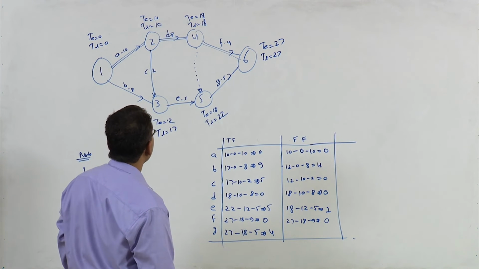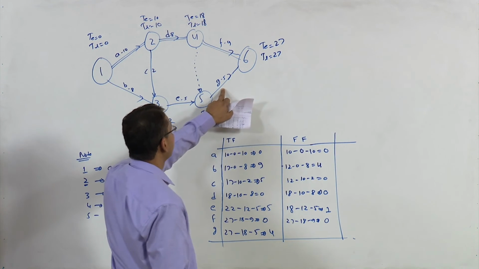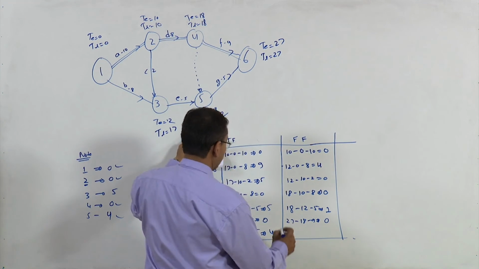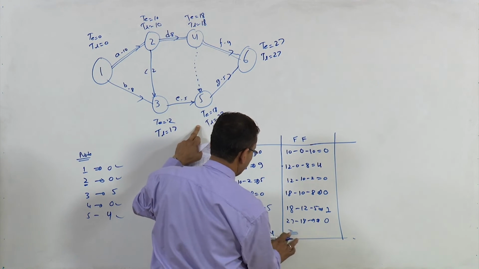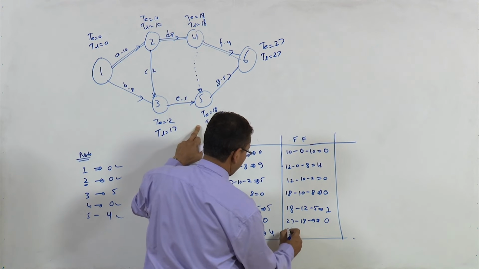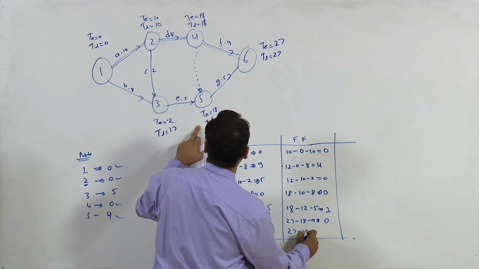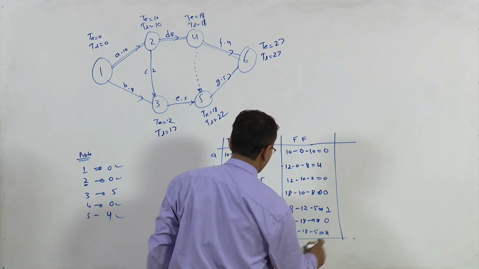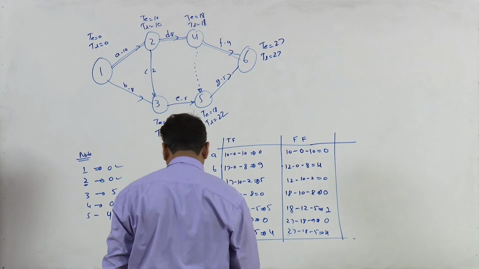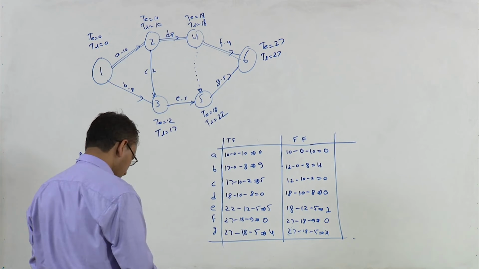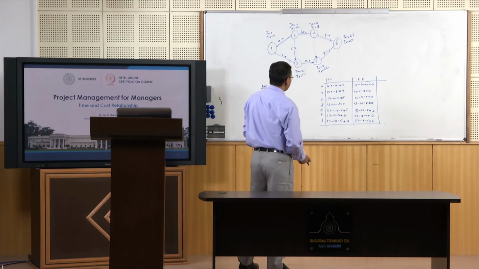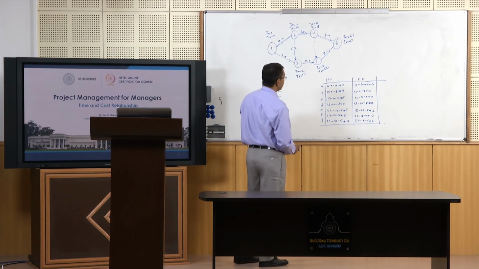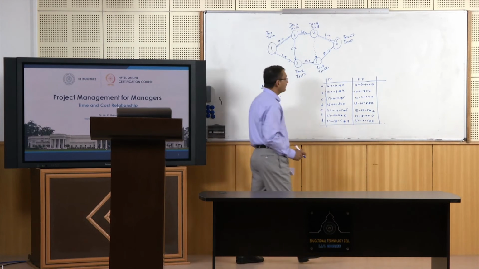For G it is 27 minus 18 minus 5, this is 4. So this is how you can calculate free float, right? 0 4 0 0 1 0 4. Now let us calculate independent float.